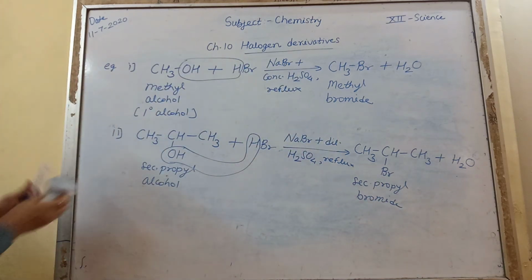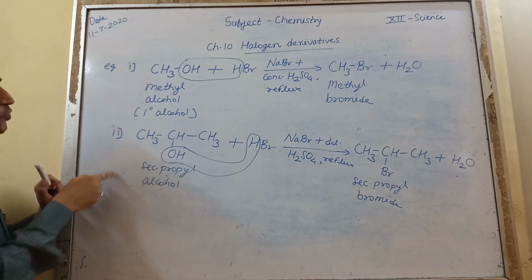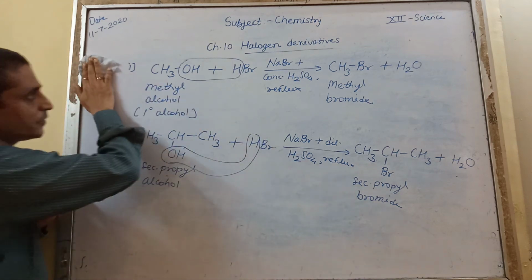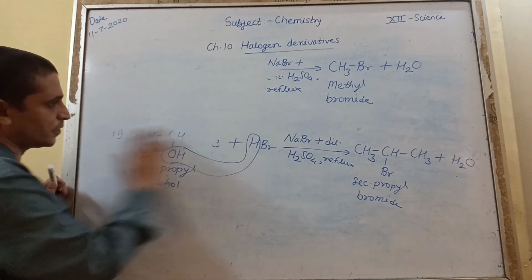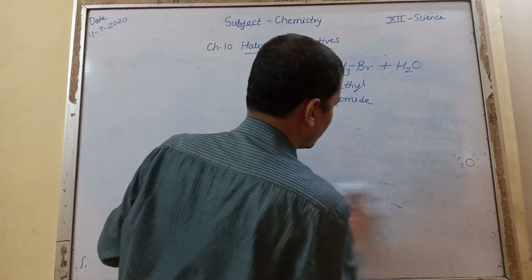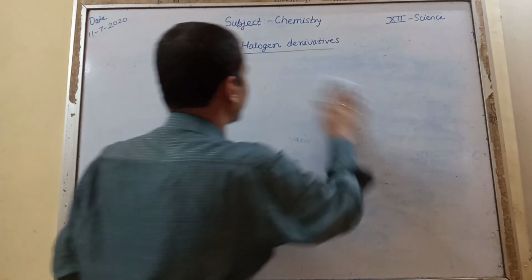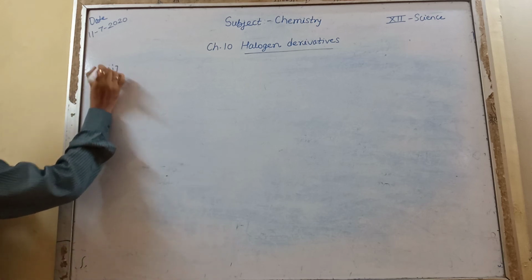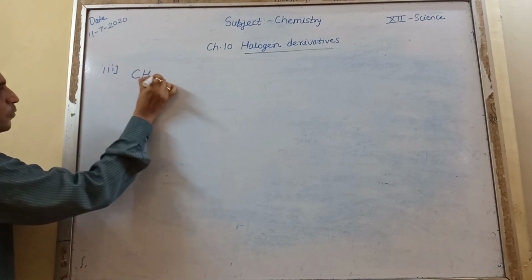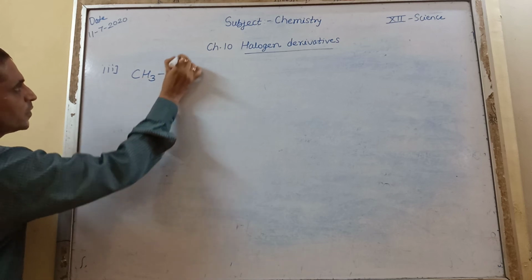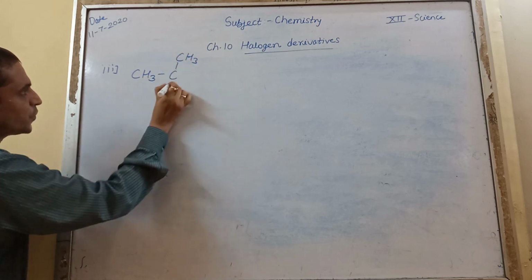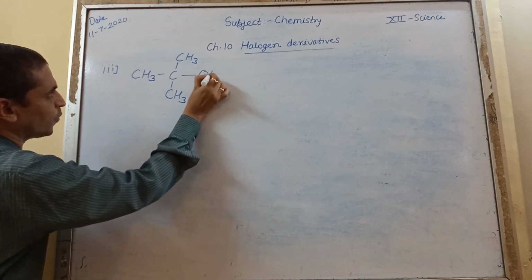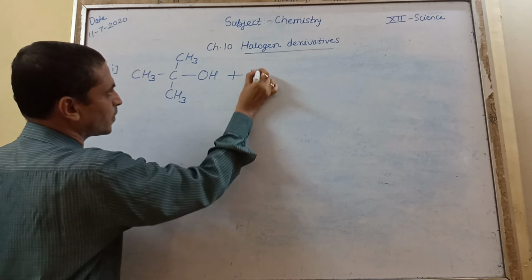Now come to the third example. I hope you understood these two examples. They are very easy. Remember, concentrated and dilute. Now see the third example, that is tertiary butyl alcohol, (CH3)3C OH plus HBr.